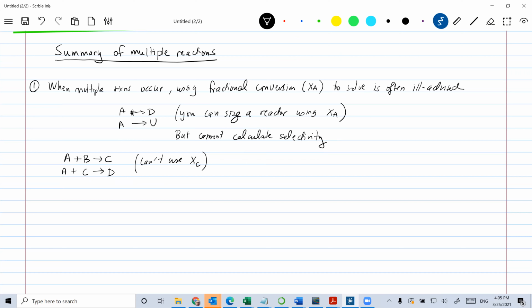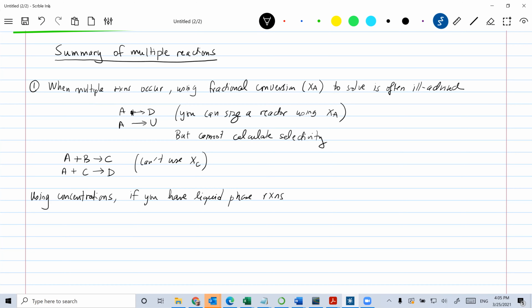Now, the choice between using one or the other depends on a couple of things. So using concentrations, if you have liquid phase reactions, that's pretty simple because it's constant density.